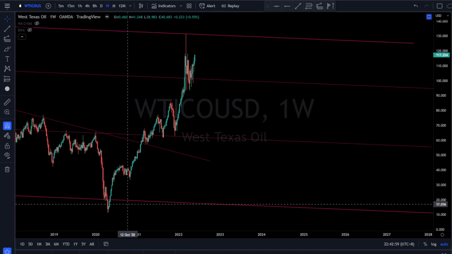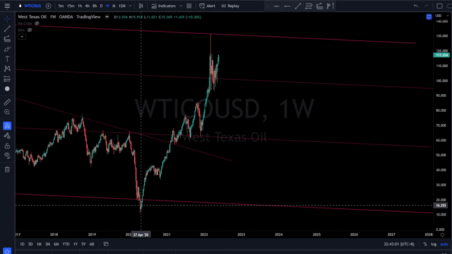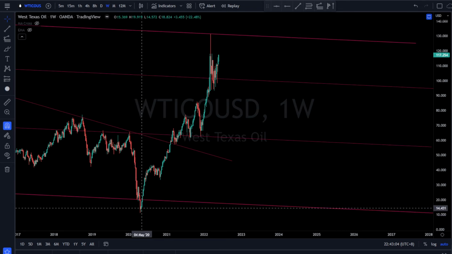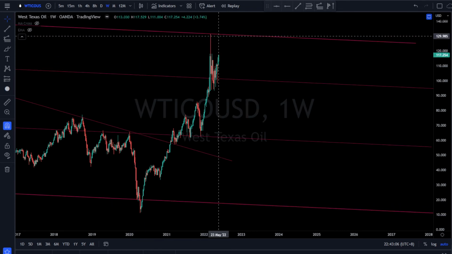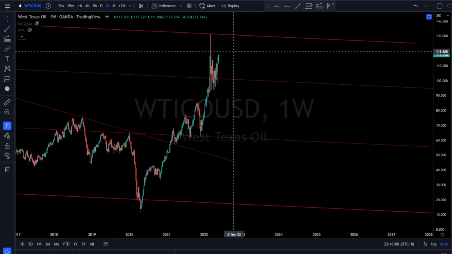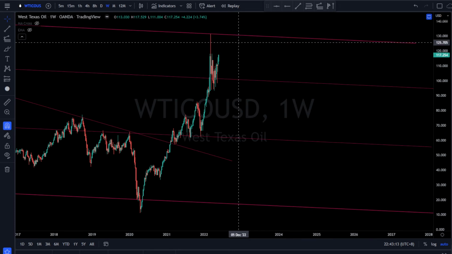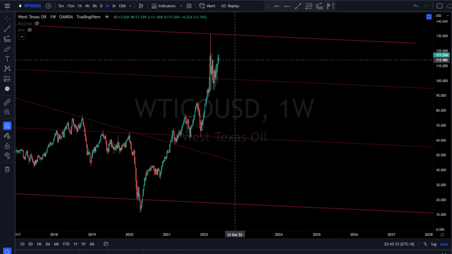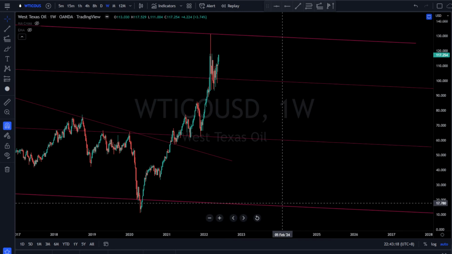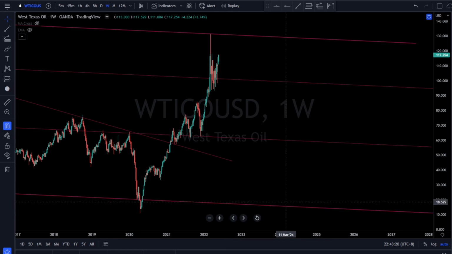Okay, because there was an overshoot here, this was the COVID crisis, I do expect price to overshoot and then come back in again this year, right? And we could see this price come all the way back down to, you know, 10 plus $20 for oil, right?